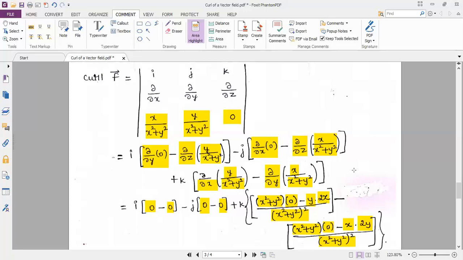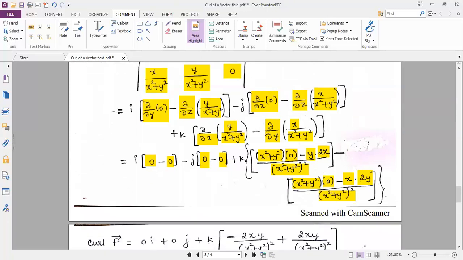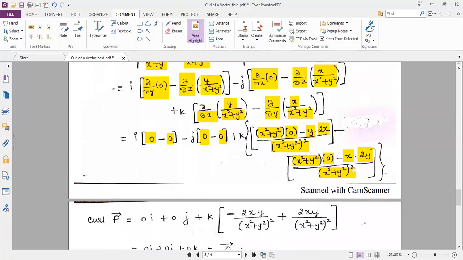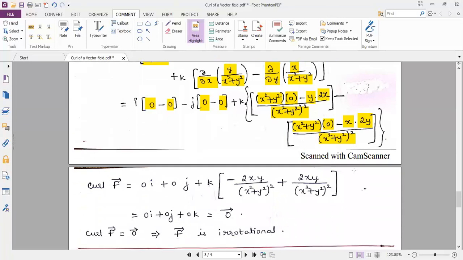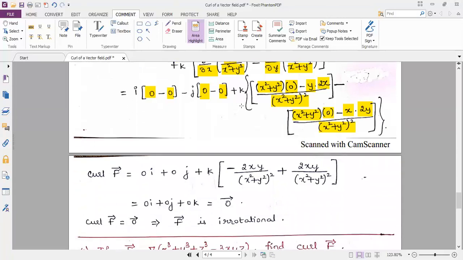We observe that the i component and j component are already 0. So we need to simplify only the last term, that is k component. So k into the numerator will give me x square plus y square into 0, which is 0.